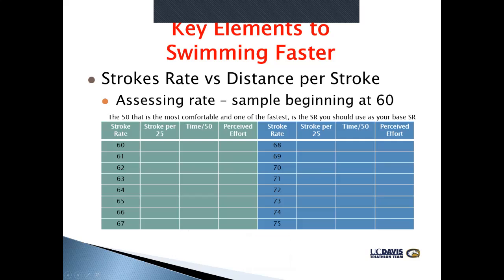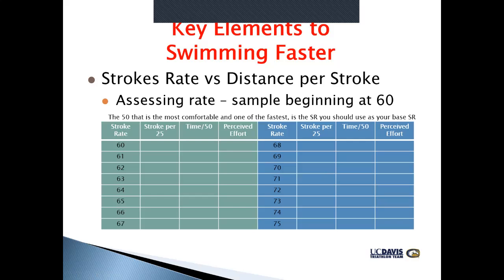If you chart that out, you can use this chart as your guide, where let's say you establish your first 50 to be at a stroke rate of 60. So you set the metronome at 60, and for that particular 50, you count the number of strokes you took per 25, how fast it took, and your perceived effort. Rest your 10 seconds and then set the rate at 61 and complete the same process, and do that all the way up through a range of about 15 or 16 different 50s.